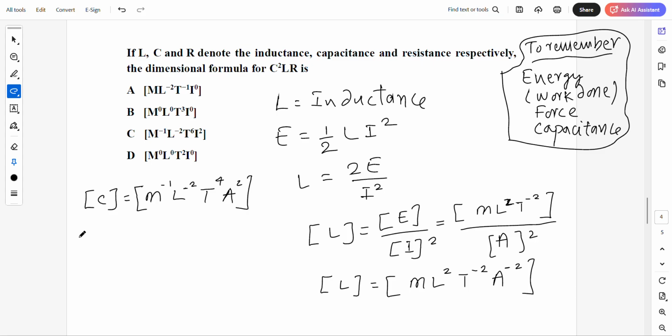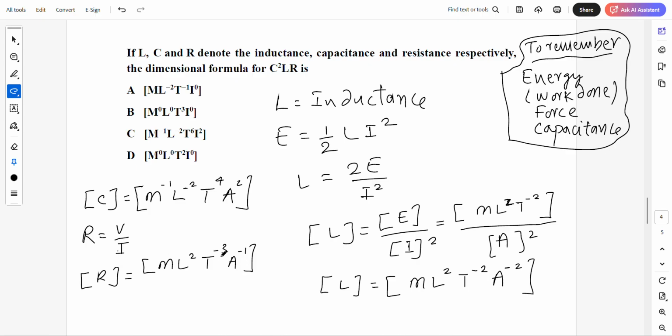R is equal to V by I. Now dimensions of R: what is V? V is nothing but the potential difference. In the previous problem we calculated the potential difference, M L square T to the power of minus 3 A to the power of minus 1.